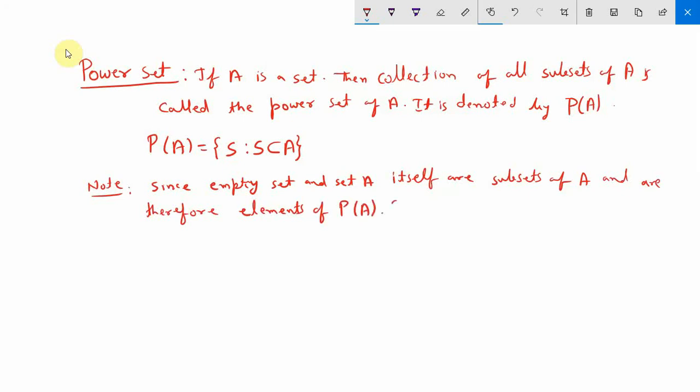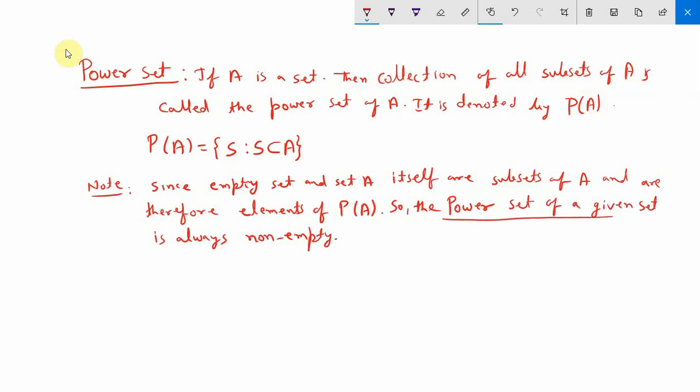So the power set of a given set is always non-empty. Okay, so the power set of a given set is always non-empty.